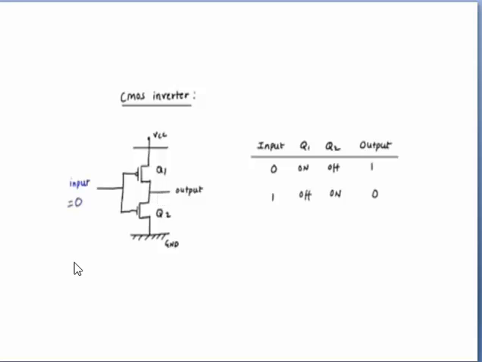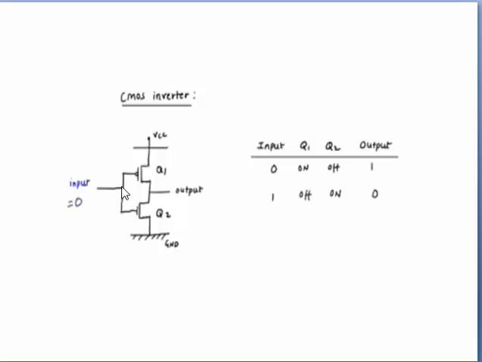So when input is 0, it means I am getting 0 at the upper side and also at the lower side. For the NMOS, if input is 0, then NMOS would be off. That means it acts as an open switch.